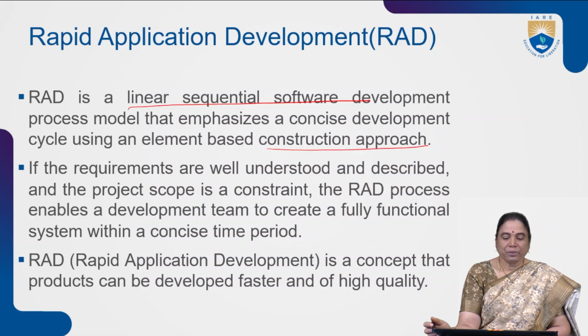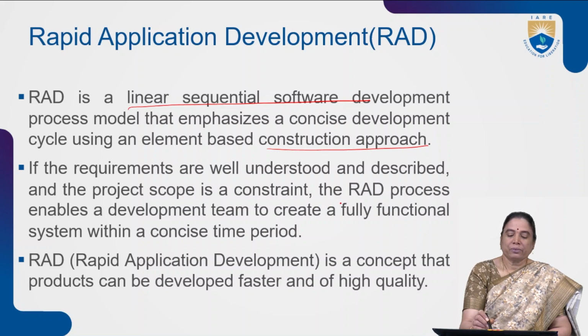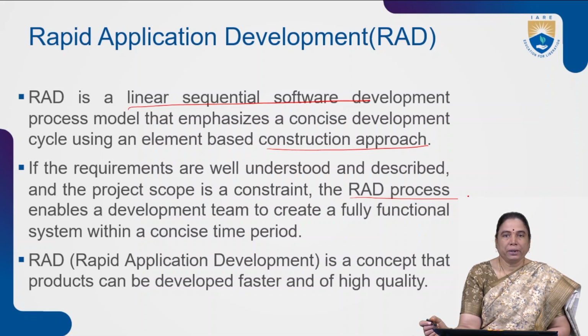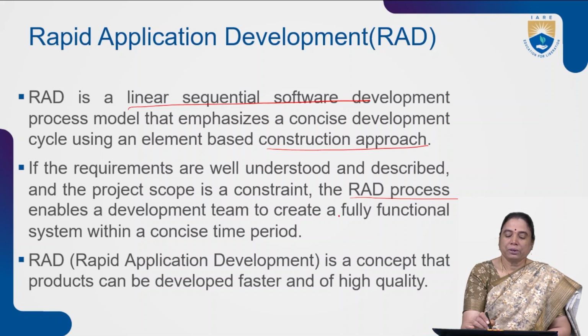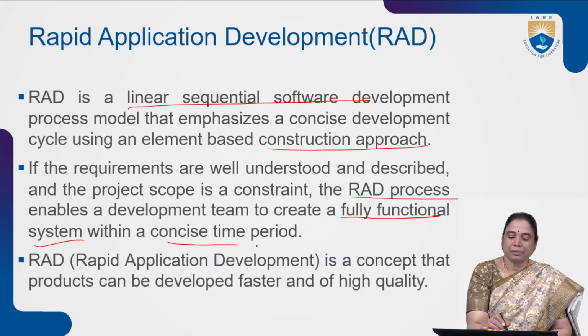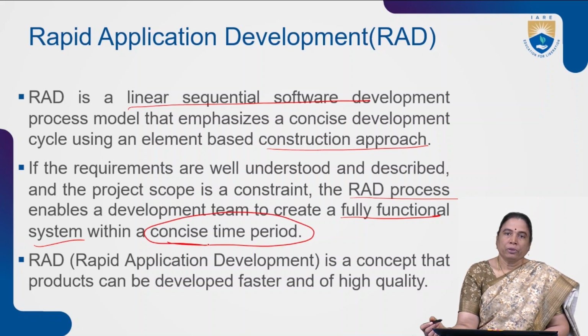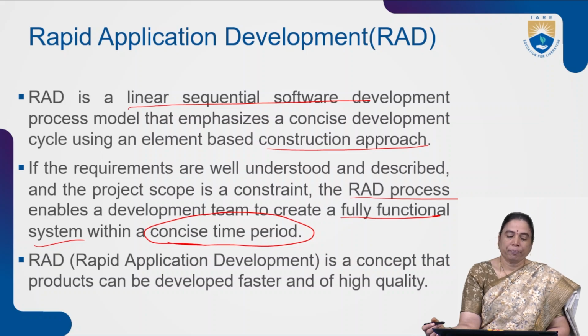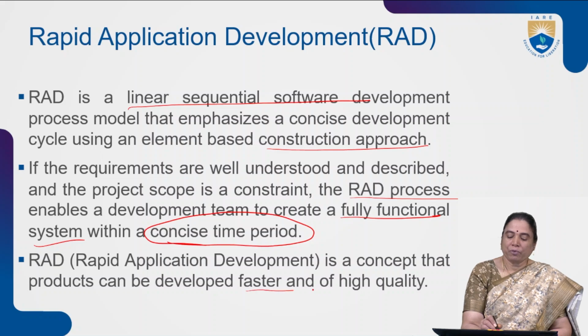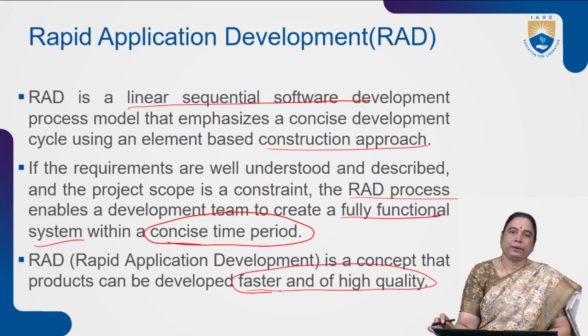If the requirements are well understood and described, and the project scope is constrained, then the RAD process enables a development team to create a fully functional system within a concise time period. So quick software development is possible with RAD. That's why the name implies rapid application development. RAD is a concept where products can be developed faster and with high quality.